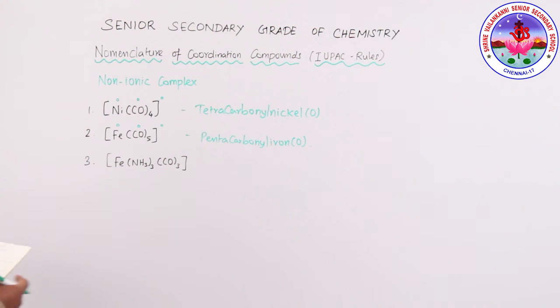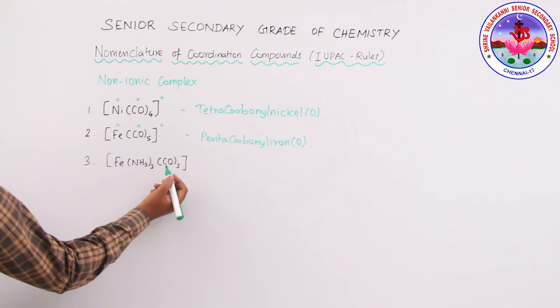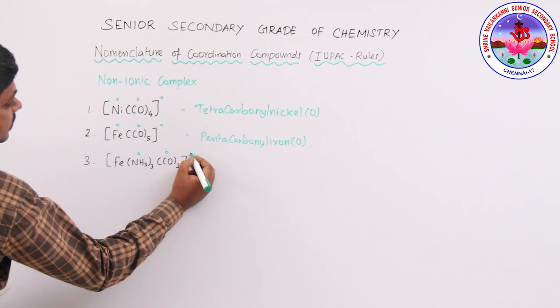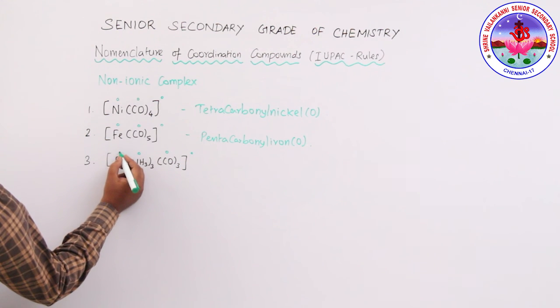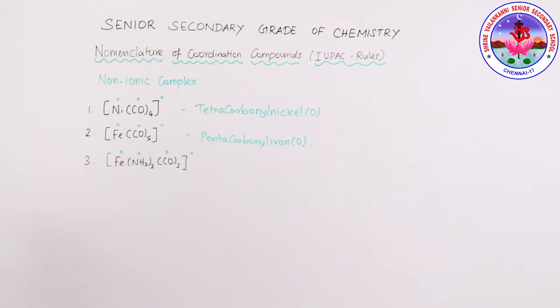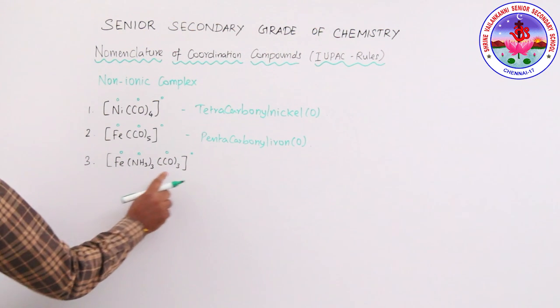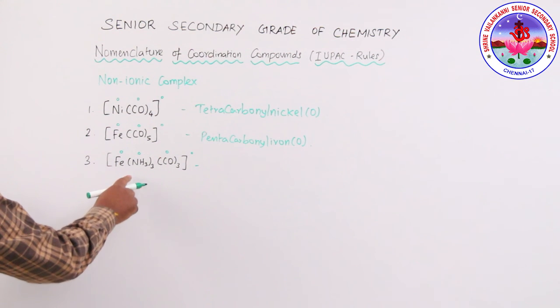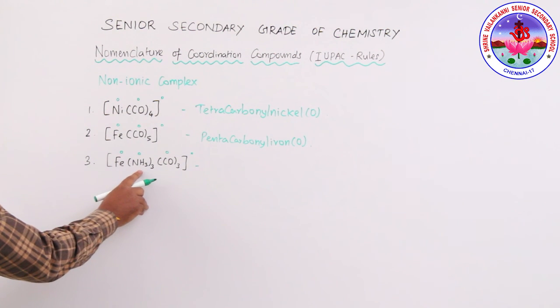Then the last one, look at this. Here carbonyl is 0, amine is also 0, and the charge is also 0, so iron also has 0 charge. So the compound name has carbonyl and amine; which comes first in alphabetical order?